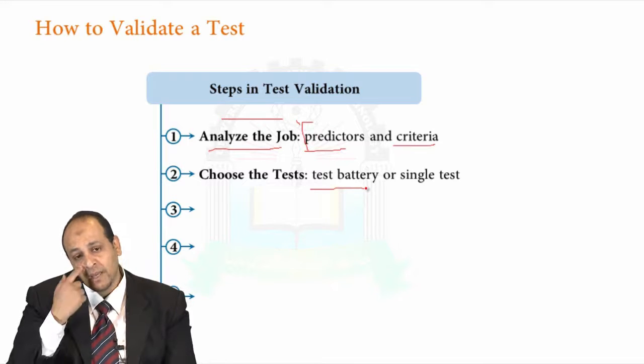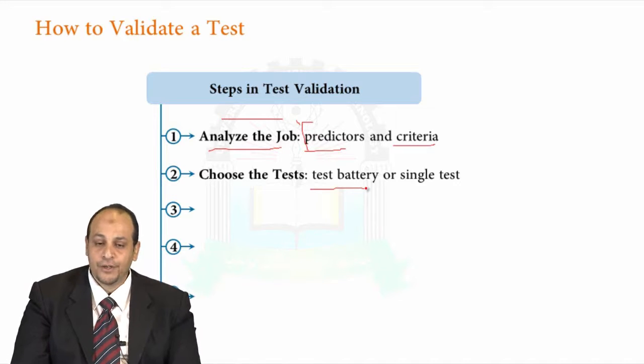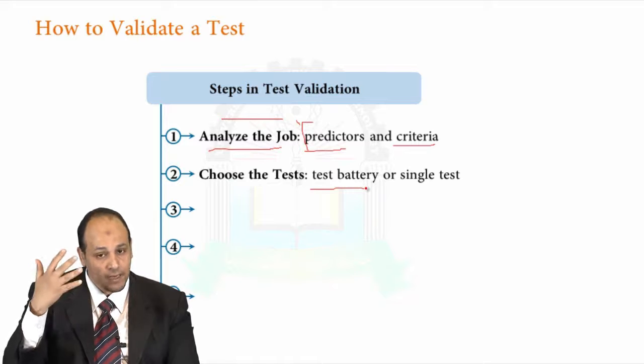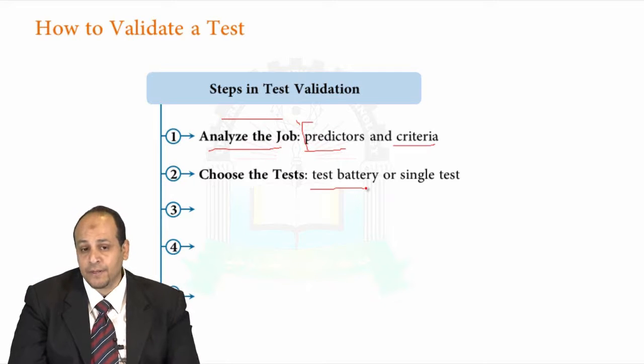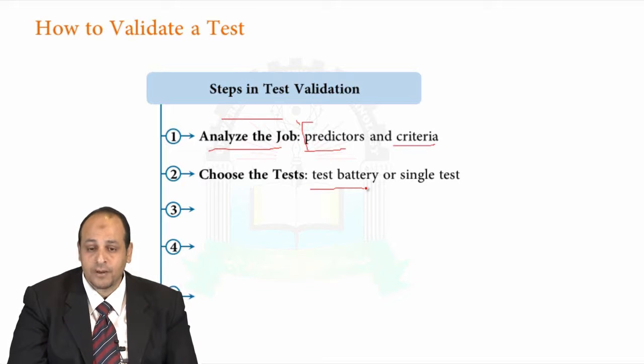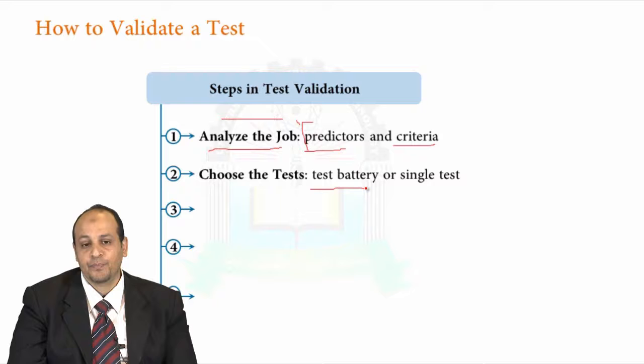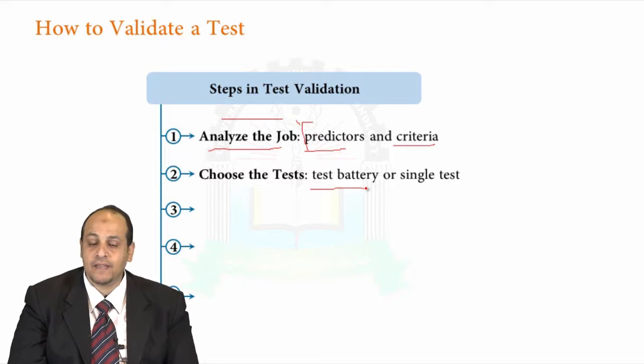For example, in top management, where you need people with high analytical experience, maybe a knowledge test can be good enough to check the kind of expertise. But at different levels, you might need a physical test, a knowledge test, maybe something about personality as well. So these are all issues we can use in a test battery.